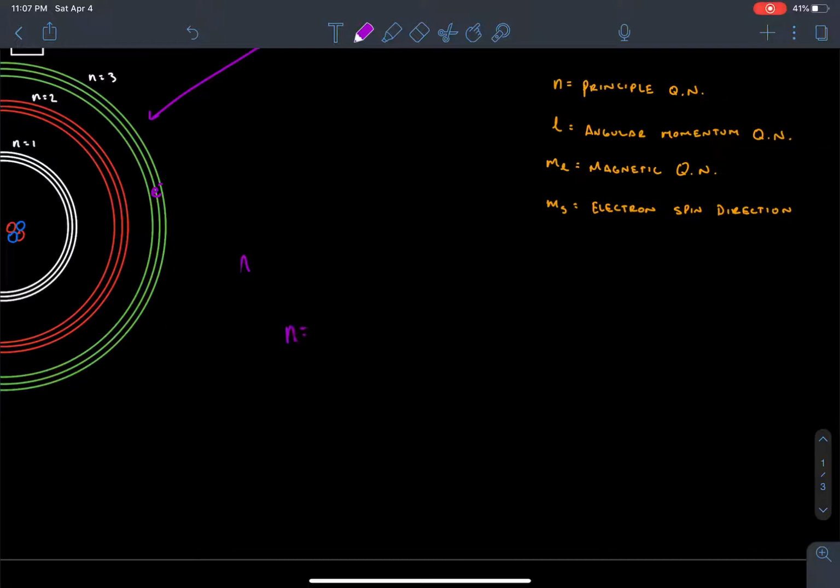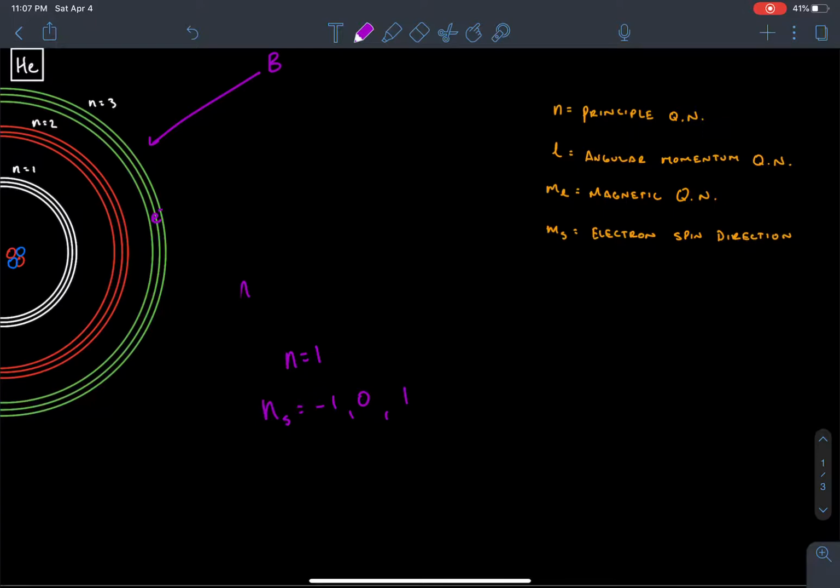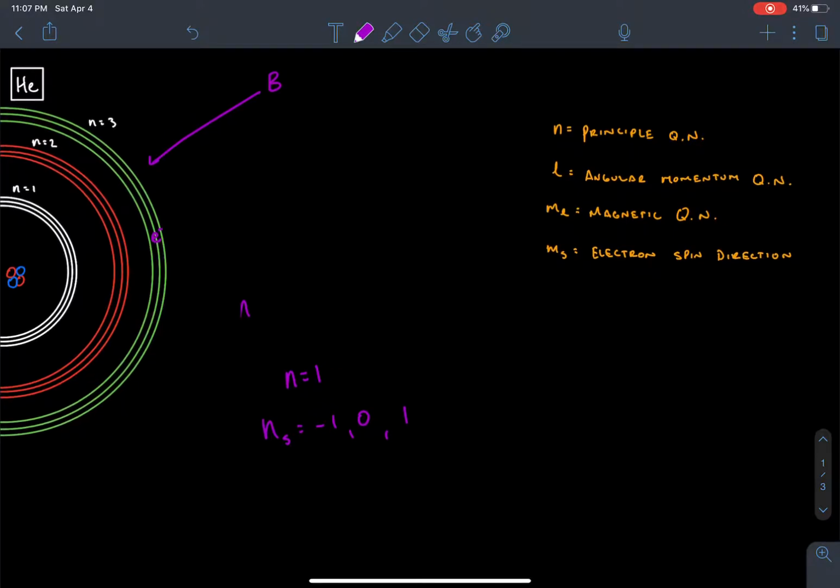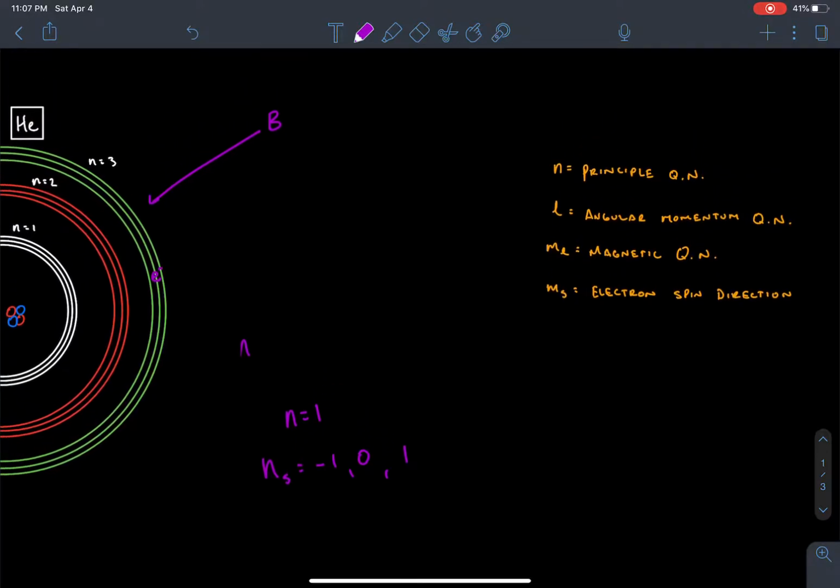So we initially have n equals 1, but whenever we apply a magnetic field, we start to create sublevels, which could be n equals -1, 0, or 1. And this is what actually happens with helium. So I apply a magnetic field to helium, and this original level will actually split into three.